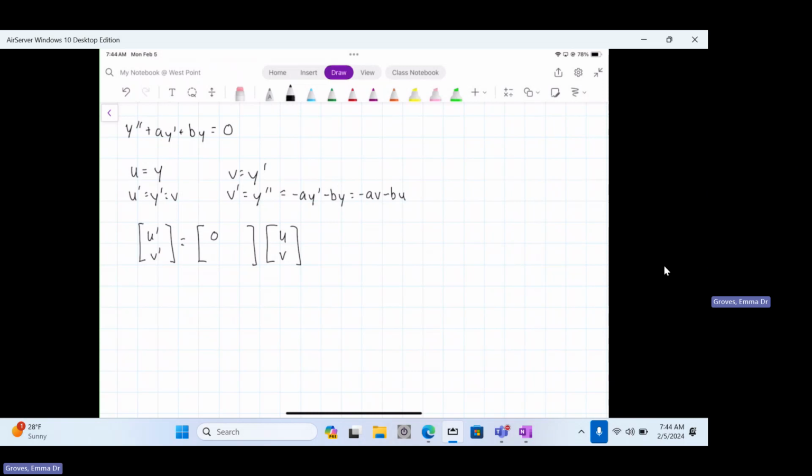So we have 0, 1, and then v prime is negative av and negative bu, but putting those in the right place, we've got negative b and negative a. Is that okay? So if you multiply this out, doing matrix multiplication, we just get back to the same equations we had above.